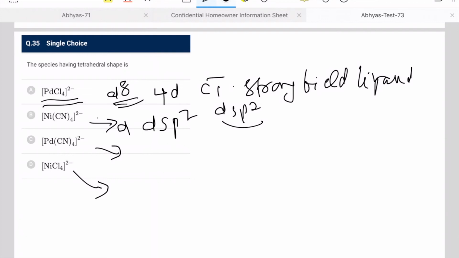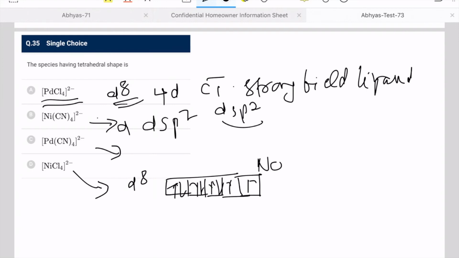In this one, it is a d8 system. So 8 electrons will be coming, and no pairing will be taking place.